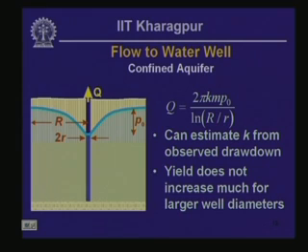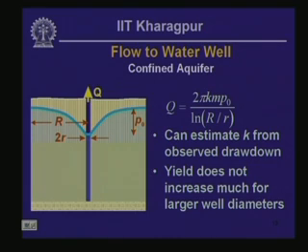So here what we get is capital R is the radius of the cone of depression, P naught is the pressure drop because of pumping out, and small r is the radius of the cross section of the water well.